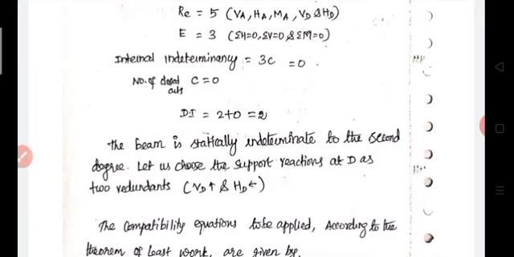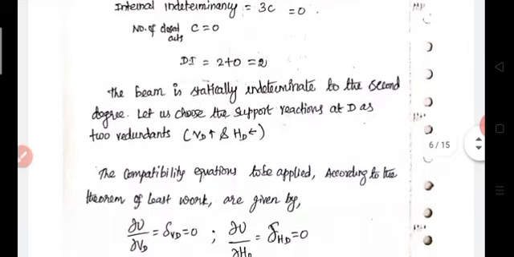Then let us choose the redundants. In this case I selected VD and HD as the two redundants. You may select any two out of these 5 reactions as redundants, for example MA and HD, or a different combination.